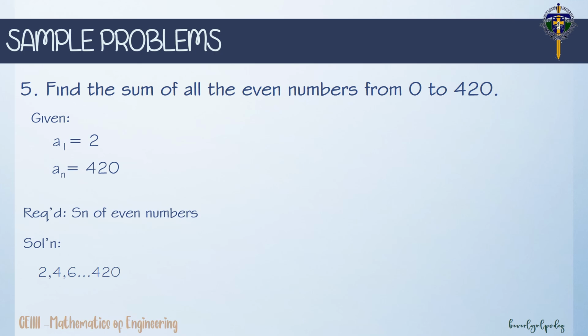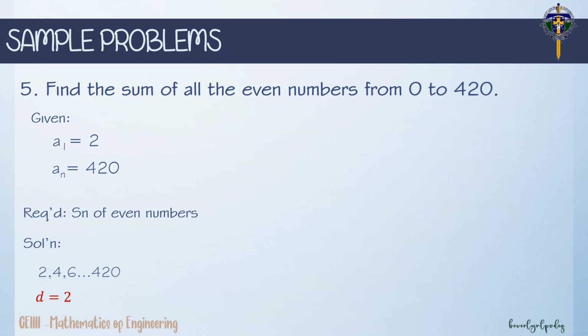So from here, we can identify the common difference, and that is 4 minus 2, which is 2. Likewise, 6 minus 4 is 2 also. And if we continue to the next term, 8 minus 6 is 2 also. So therefore, our common difference is equal to 2.